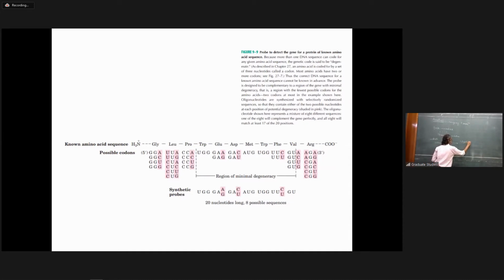It will be 100 amino acids, right? That's what you would expect, because the codon table says that every 3 nucleotides give one amino acid. But this is not always true.